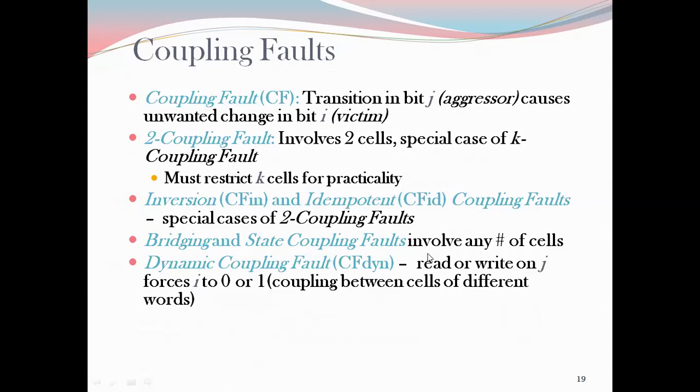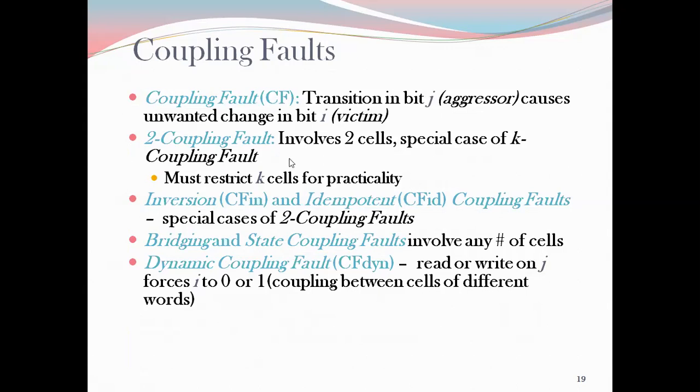Okay, state coupling fault. State coupling fault means that I'm not worried about the transition, but the aggressor in a particular state is forcing another state on my victim. So it is not whether my aggressor is changing from 0 to 1 or 1 to 0.